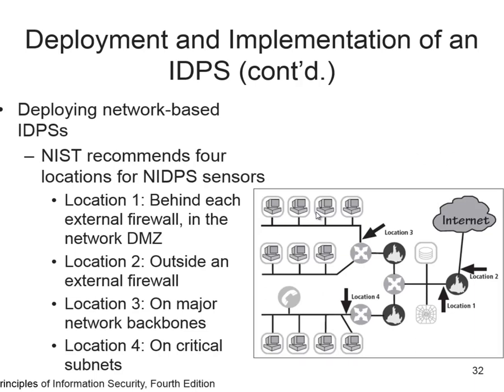When deploying network-based IDSs, there are 4 recommended locations for the sensors. Location number 1 is behind each external firewall in the network DMZ. The IDS sees attacks that originate from the outside world and may penetrate the network perimeter defenses.